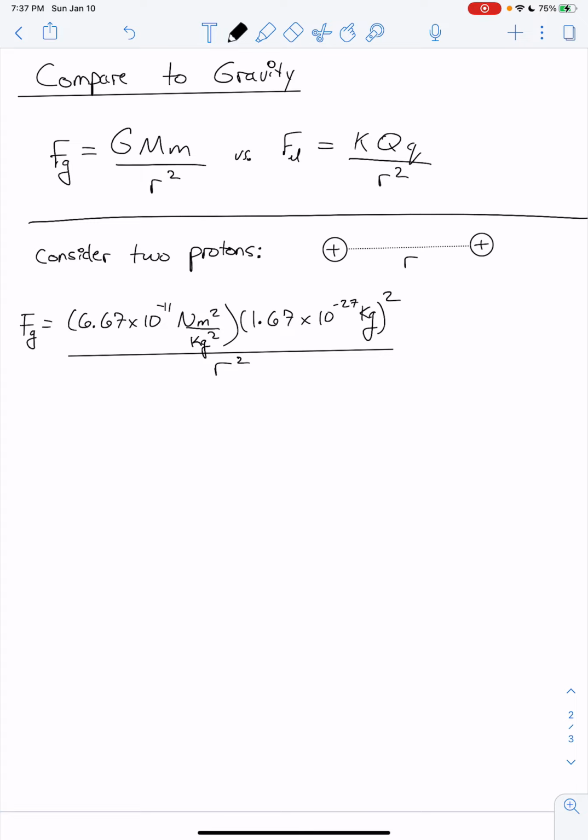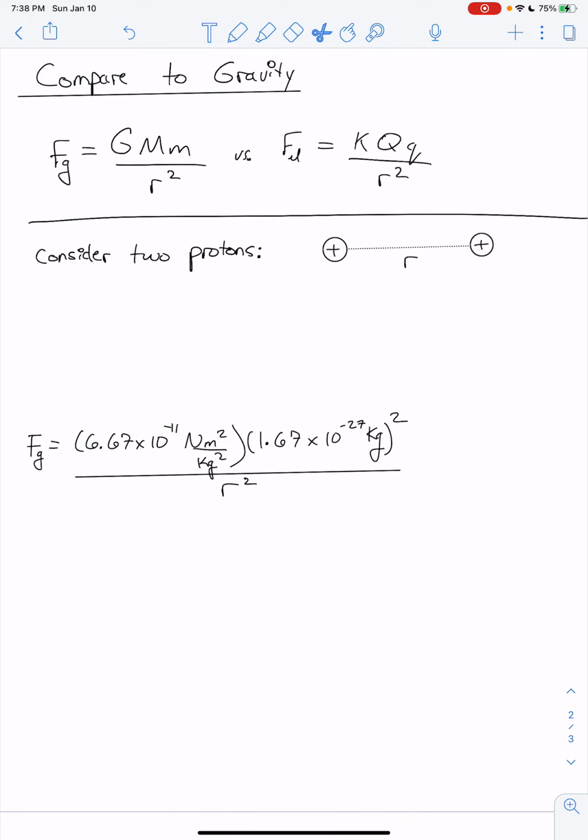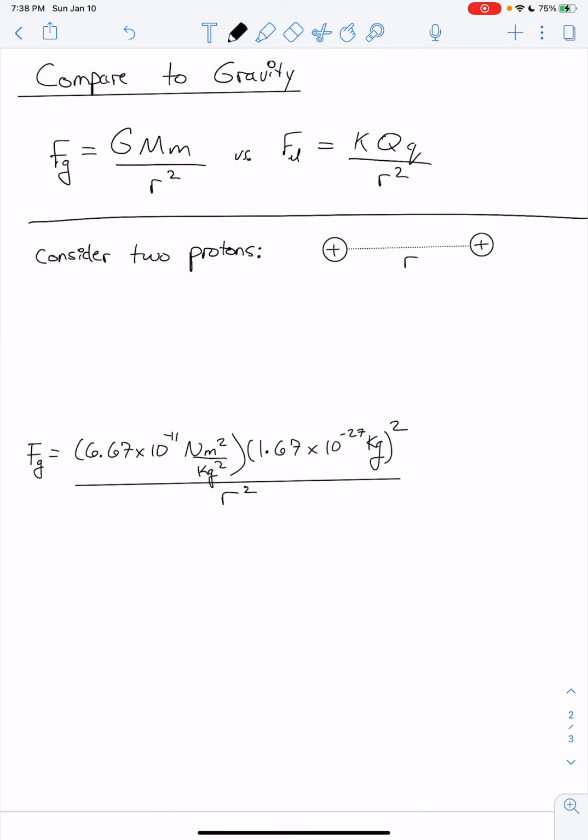So we don't know r, but let's just consider a more general case. I'm actually going to put this a little bit lower down. Okay, so let's now consider the electric force. It also has a proportionality constant, and that'll be about 9 times 10 to the 9 newton meters squared per coulomb squared.